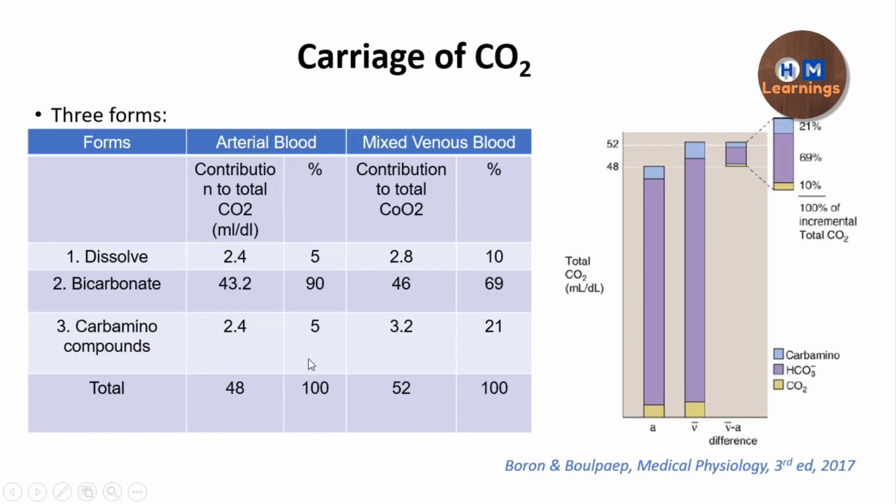Of that 100%, 5% is contributed by the dissolved form of the carbon dioxide. This is both in the plasma as well as in the blood cells. Now in the bicarbonate, you can see 90% of the carbon dioxide is in the bicarbonate form in the arterial blood, which accounts for about 43.2 ml per deciliter. And the remaining 5% is by the carboamino compounds.